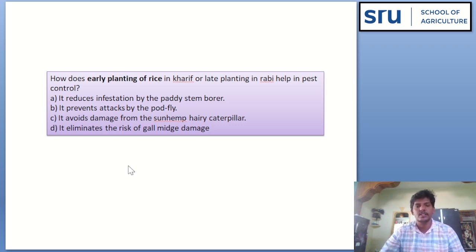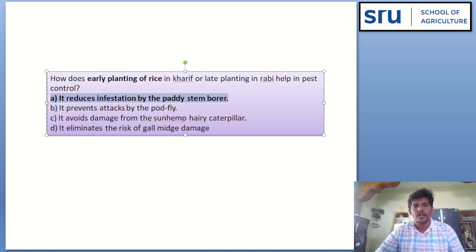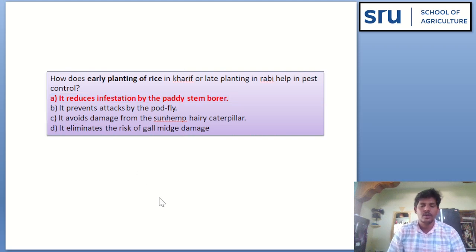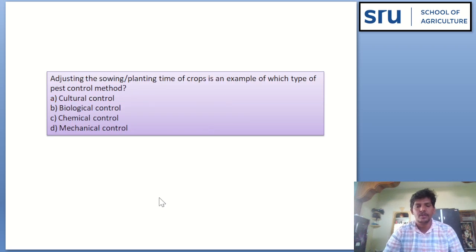Here the correct answer is A. Early planting of rice in Kharif, late planting in Rabi reduces the infestation by the paddy stem borer.